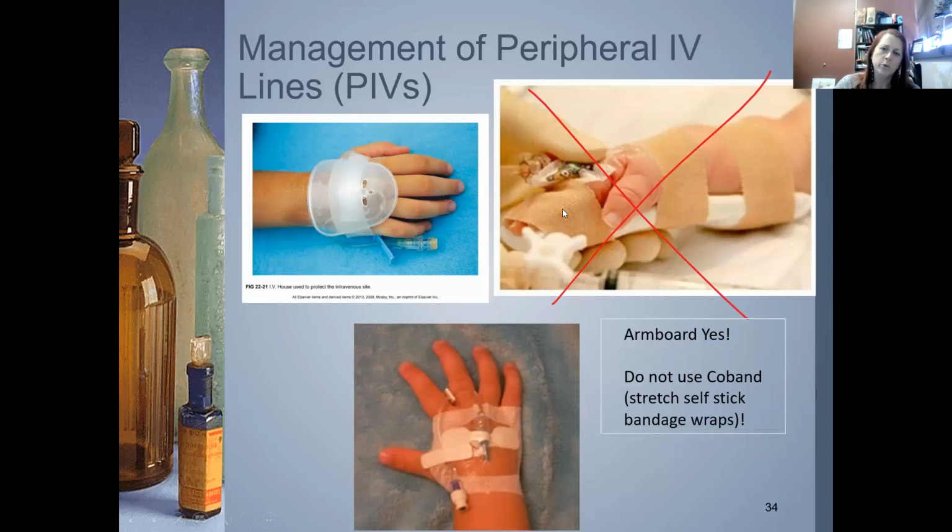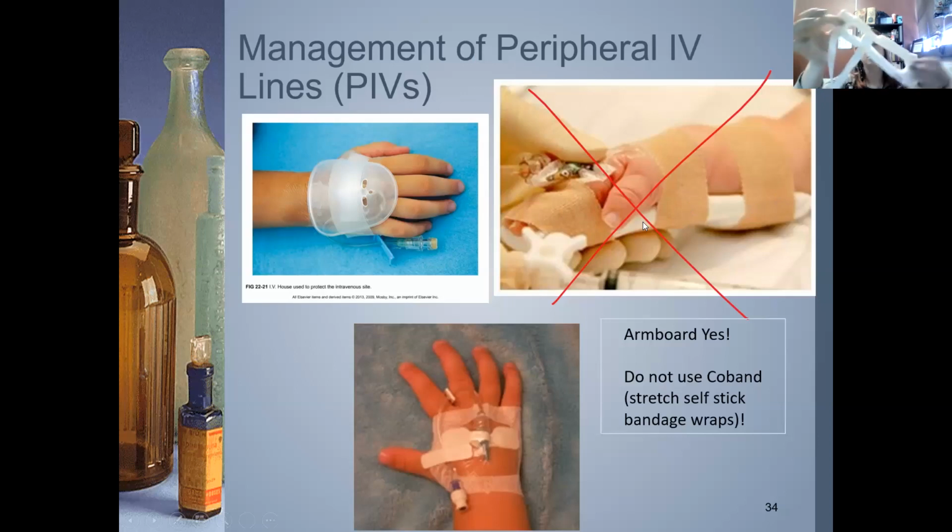Now, one of the things that we do use with peds with IVs is arm boards. This helps protect the IV site so that they're not bending the hand. With an infant, you can't say you have to keep your arm straight, so we have to put arm boards on them. This is one type of arm board. Sometimes it's just this cloth one.